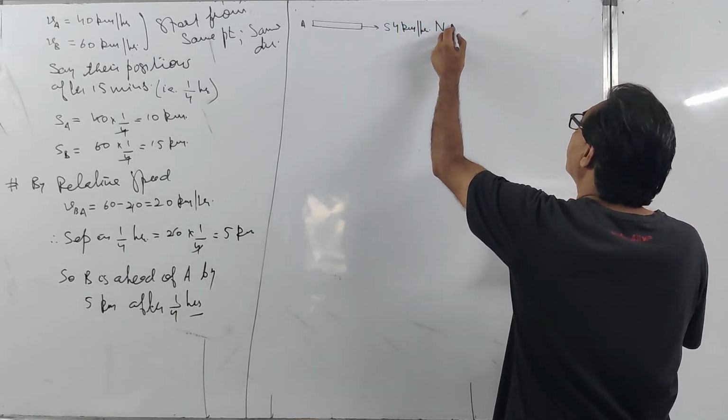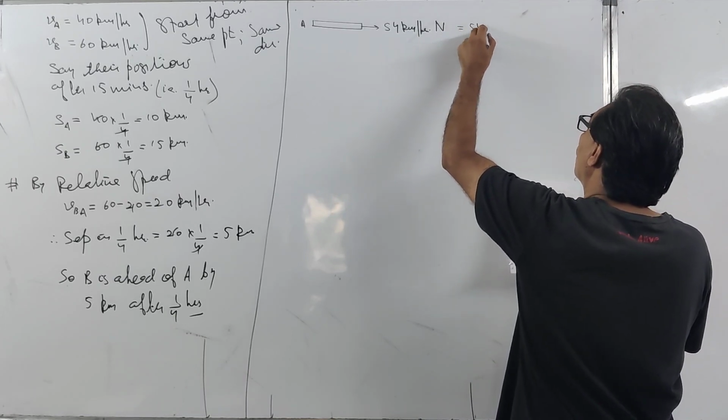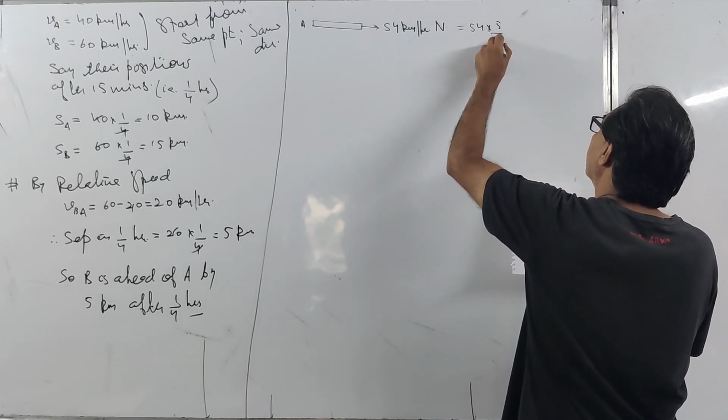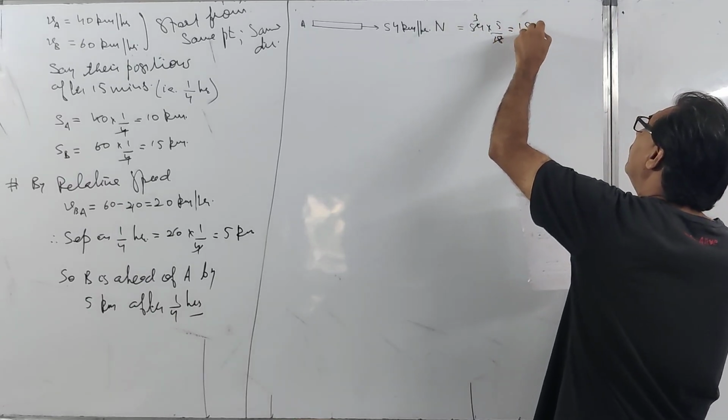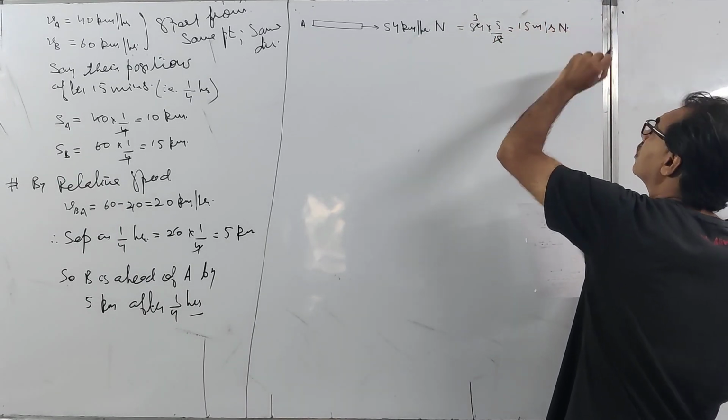Which is equal to 54 into 5 by 18, which is going to be 15 meters per second north.